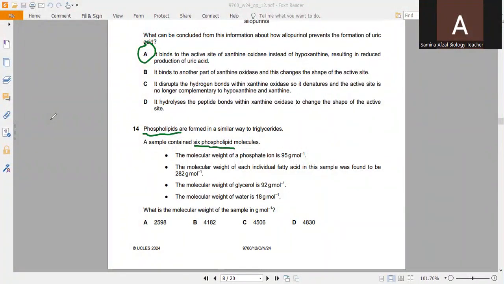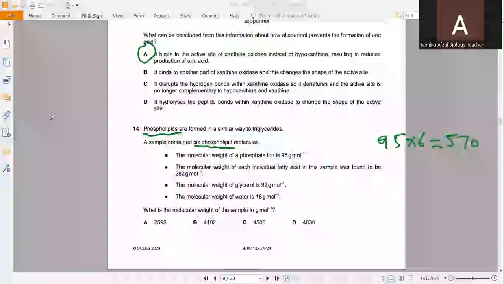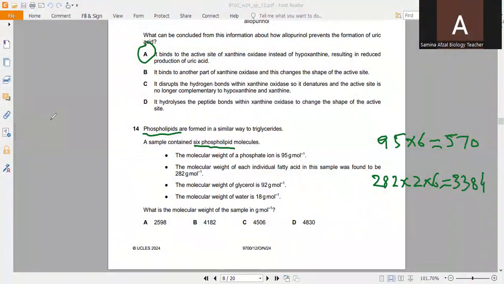First of all, the phosphate is 95, but there are 6 molecules, so we multiply 95 by 6, which equals 570. Then 282 for fatty acids. There are two fatty acid chains, so we multiply 282 by 2, and then by 6. After calculation it is equal to 3384.